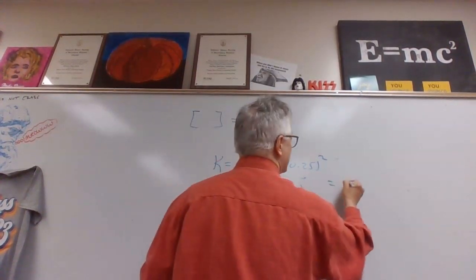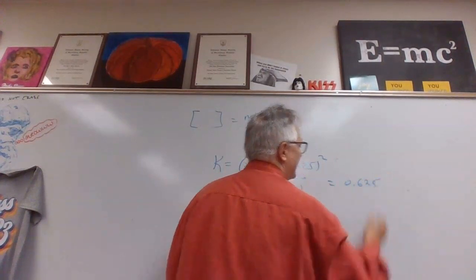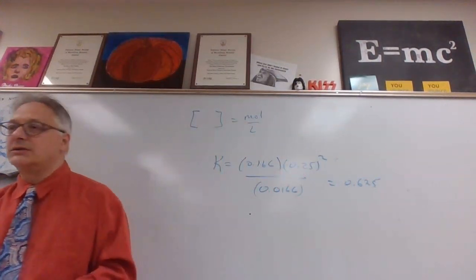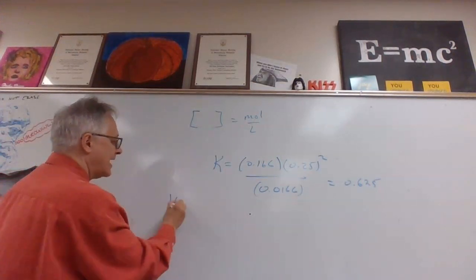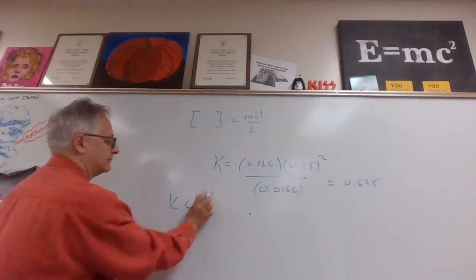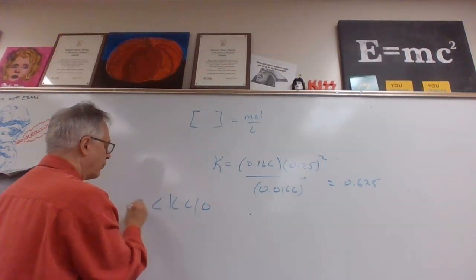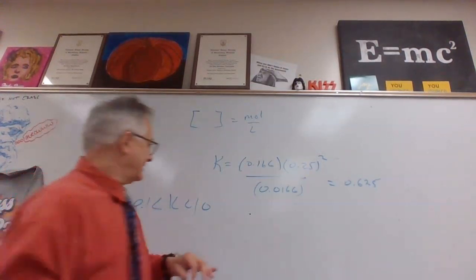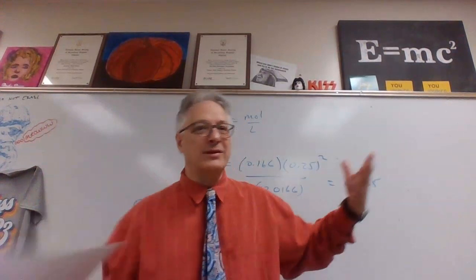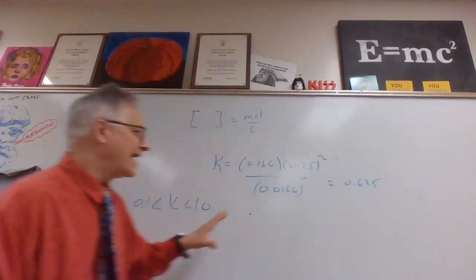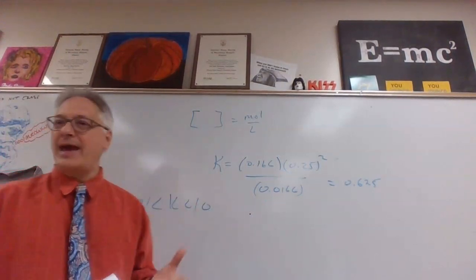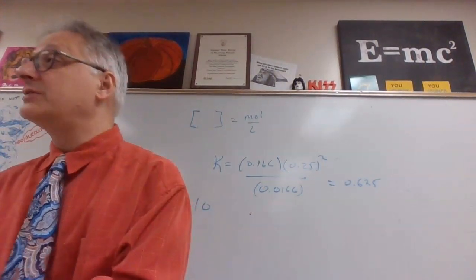And so I get a number of 0.625 for my equilibrium constant, which is in that gray area, where K is less than 10 and greater than 0.1. So it's kind of in that area where we have sort of equal amounts of reactant and product. If you're going to say anything, you might say it's slightly reactant favored based upon concentrations.